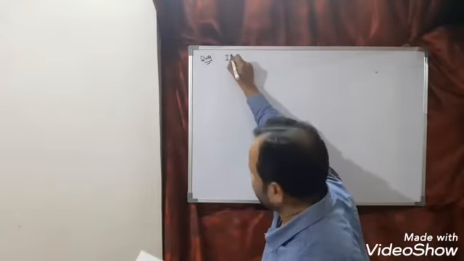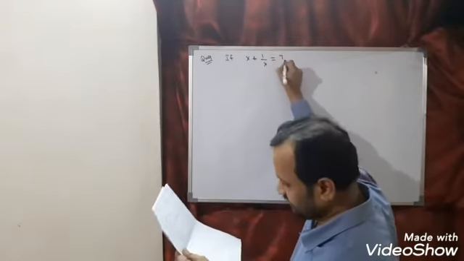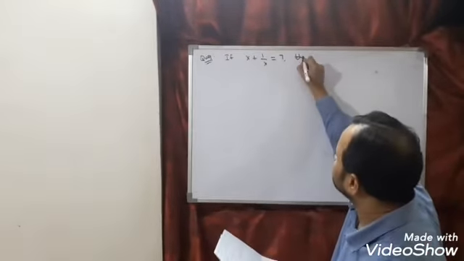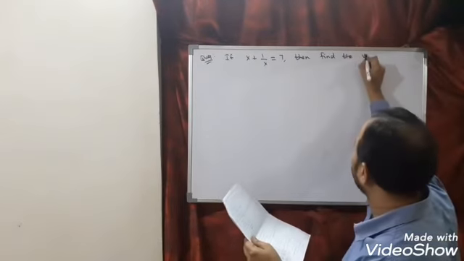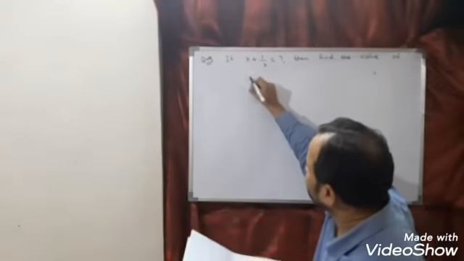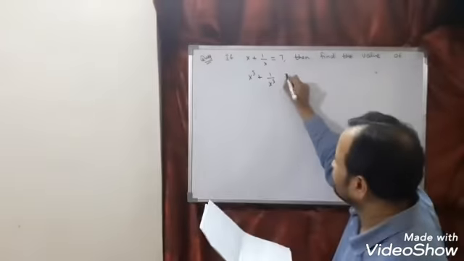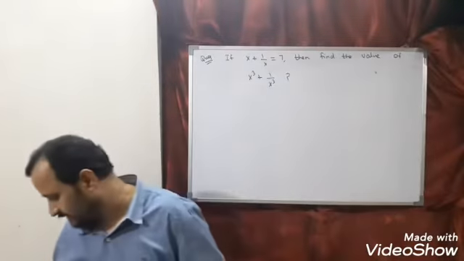The question here is, if x plus 1 by x is equal to 7, then find the value of x cube plus 1 by x cube. This question is similar to the previous one.